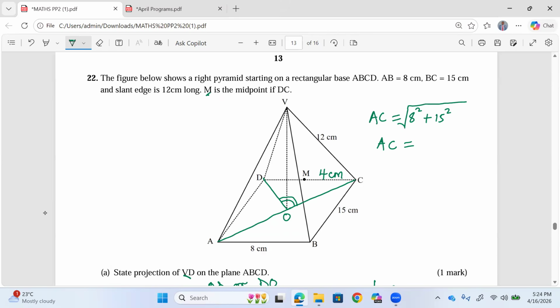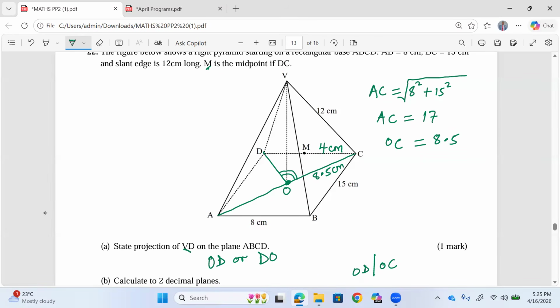That is exactly 17. So the whole of AC is 17, meaning that OC is going to be 17 over 2, which is 8.5, up to that point.